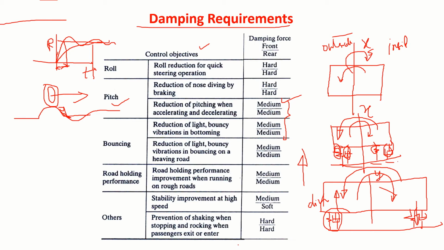We have to make it softer. Road holding performance, it is given over here, medium by medium. So these are stability improvement at high speed, medium, and soft. Front medium, and here in the back soft like this.